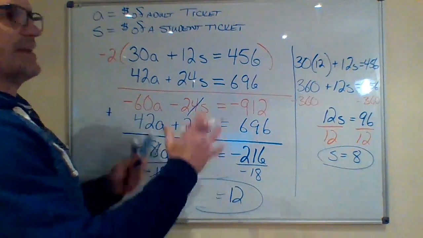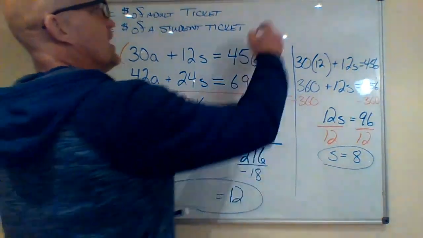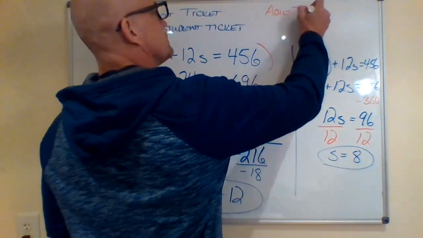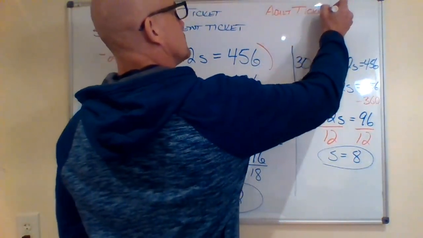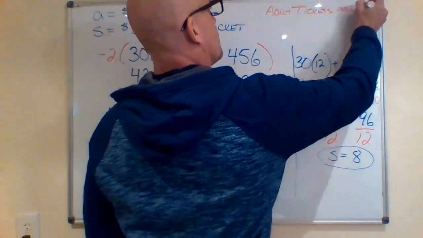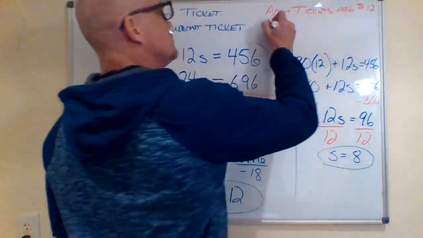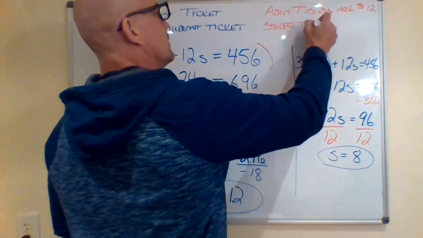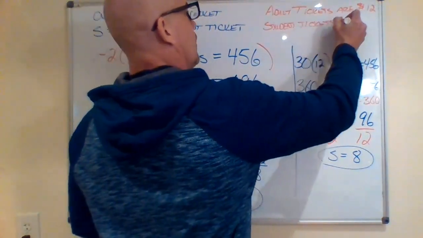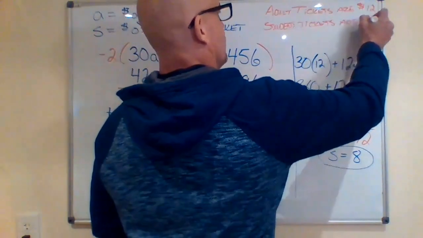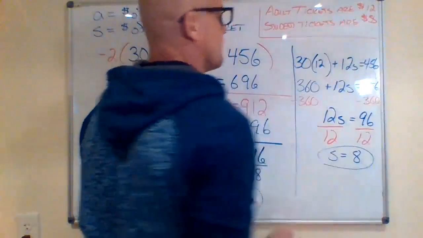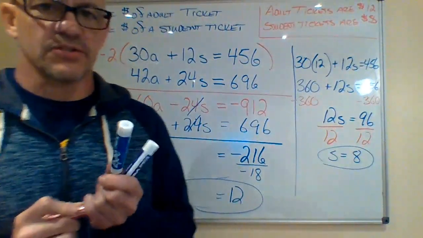So I will write, and I'm sorry I don't have a lot of room here, adult tickets are $12. Student tickets are $8. There you go. There's our solution.